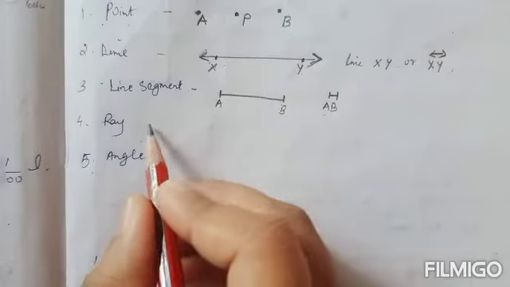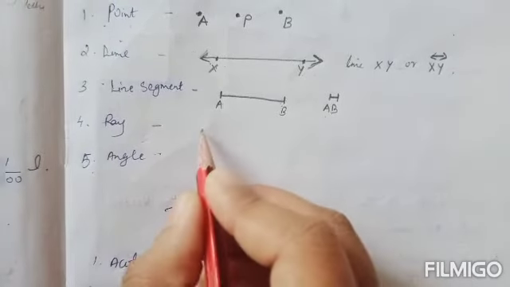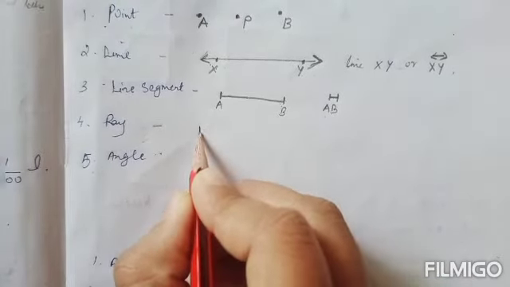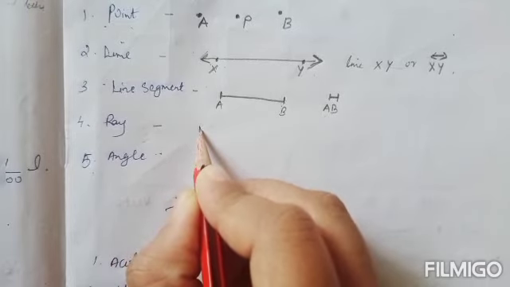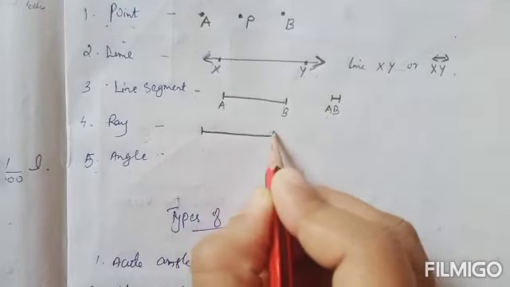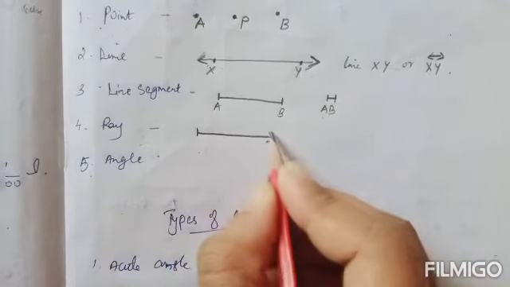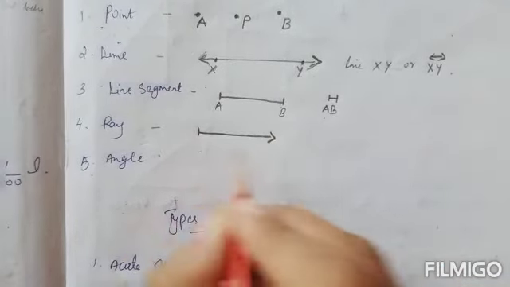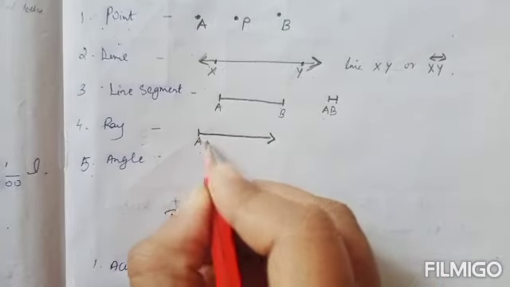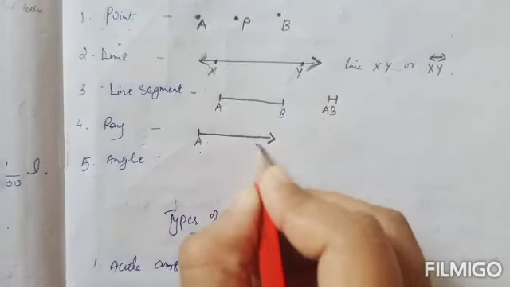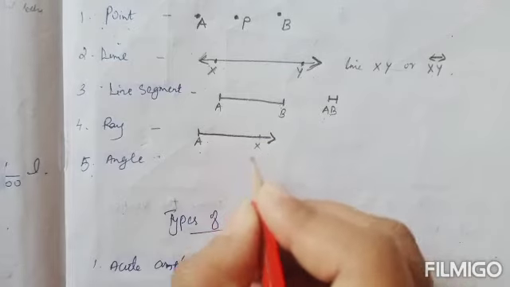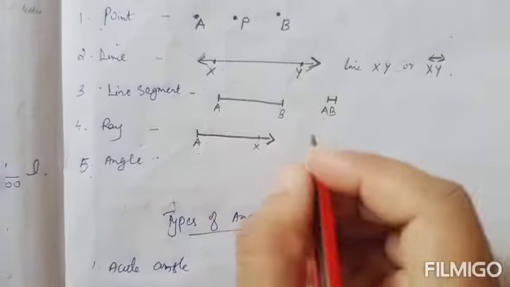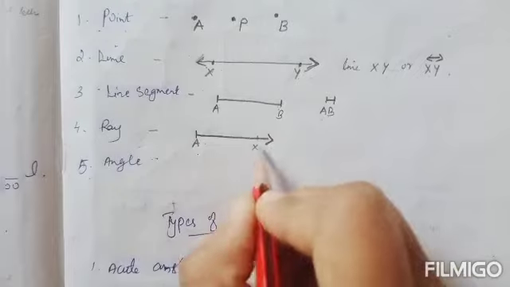Next, ray. Ray has 1 endpoint, and in the other direction it will go endlessly. So on the other end it will be an arrow mark. This is a ray. This endpoint, let us mark this as A, and let us give one point X. So this is ray AX.